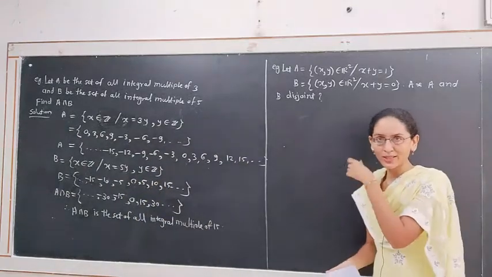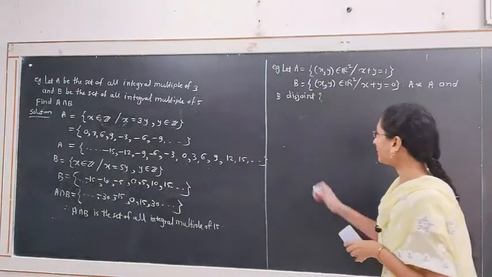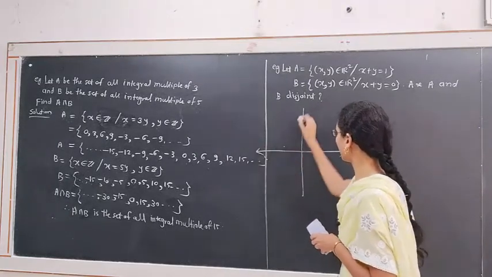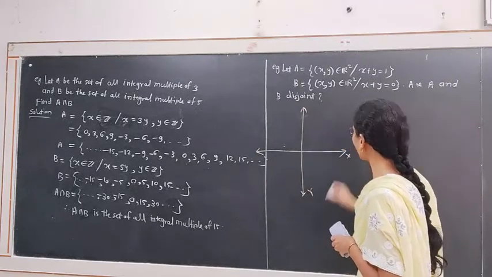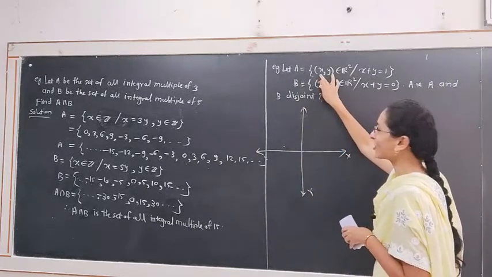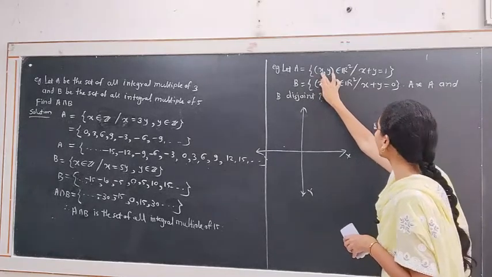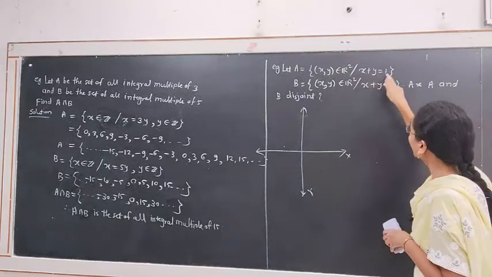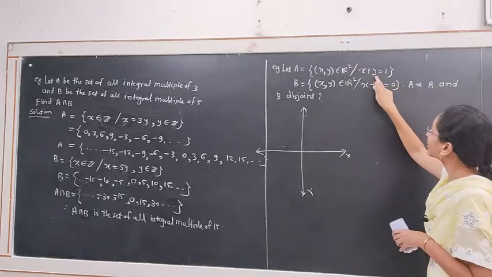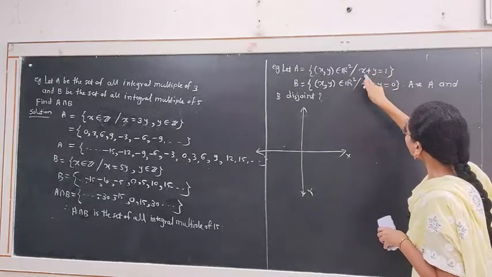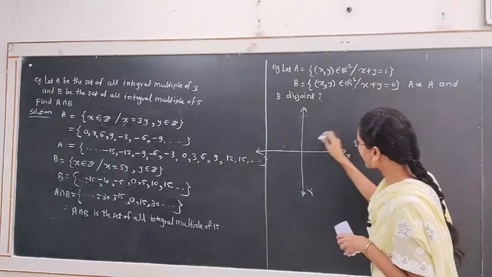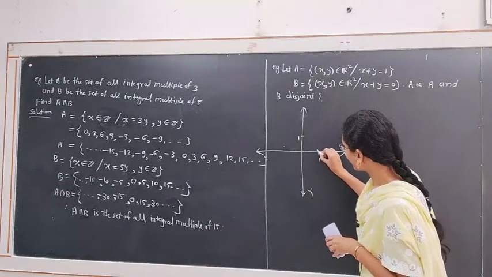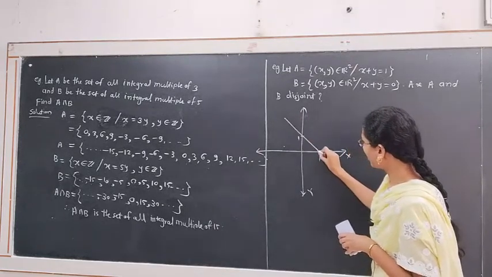Now see, these two sets are subsets of set R2. If we consider the plane, A contains all the points of the form of ordered pair xy, where xy satisfy this condition x plus y is equal to 1. If we plot this region, then we get a straight line satisfying the equation x plus y is equal to 1.